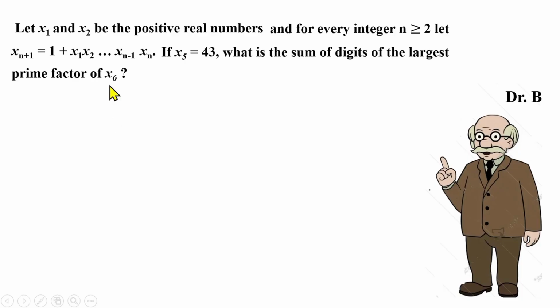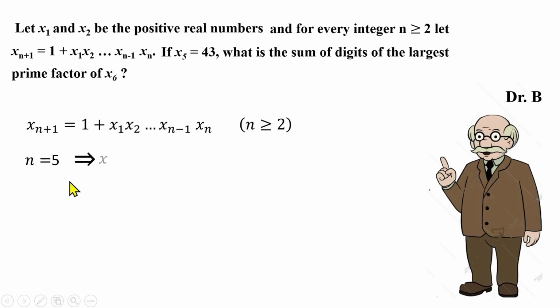Okay, first we will try to find a relation between x6 and x5. We start with the given expression for x_{n+1}, which is valid for n greater or equal to 2. We select n equal 5, which is greater than 2, and write x6 equal 1 plus this long product.